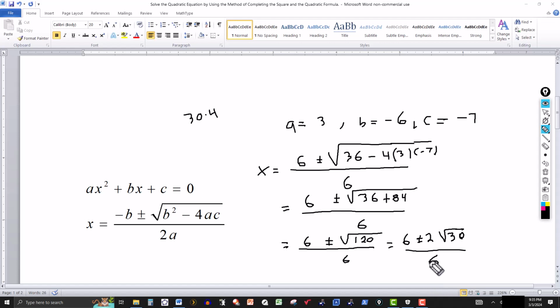We can reduce this. 2 goes into 2 there, 1. 2 goes into 6 there, 3. Then x is equal to 3 plus or minus the square root of 30 over 3.